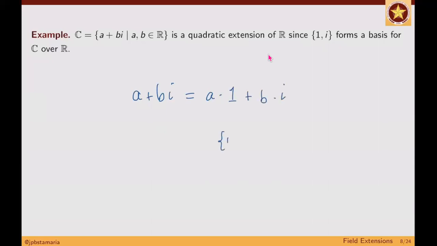At the same time, ito ay linearly independent over R. Diba? So basis siya. So dahil may dalawang elements in this basis, anong degree ng extension na ito? Ang degree ay 2. Did you get that?